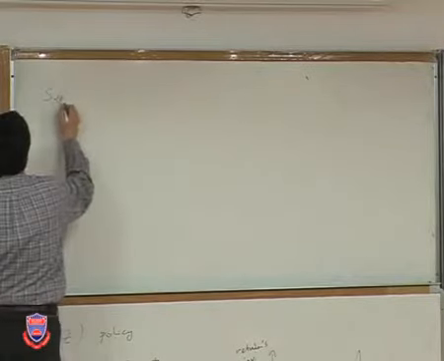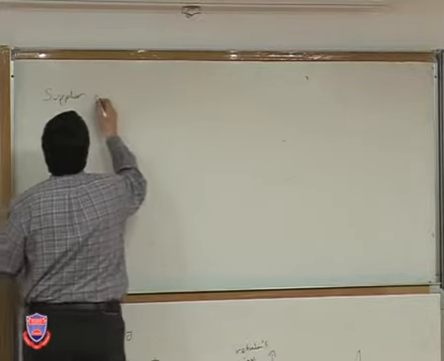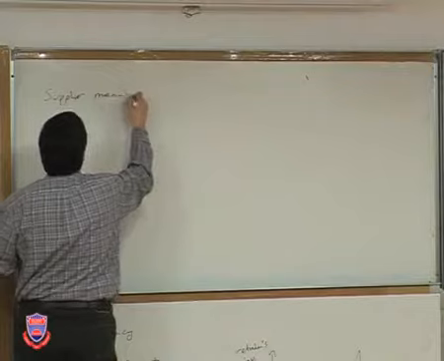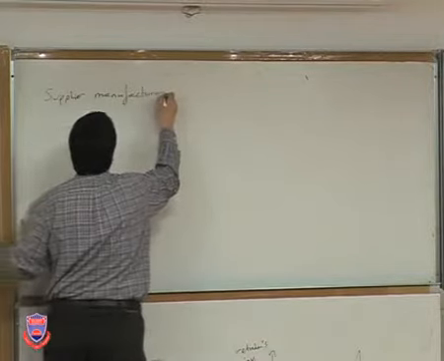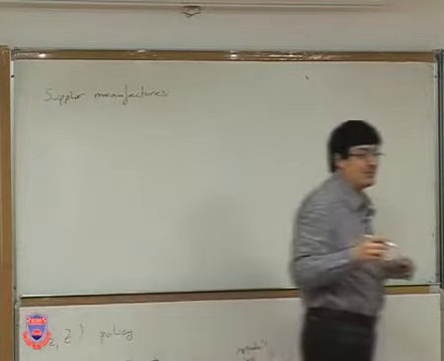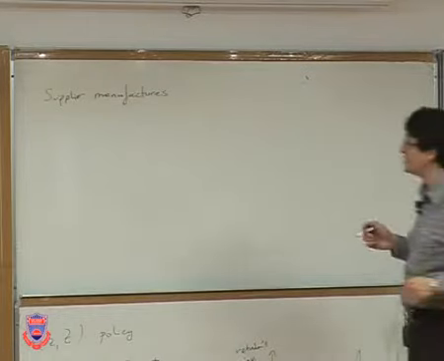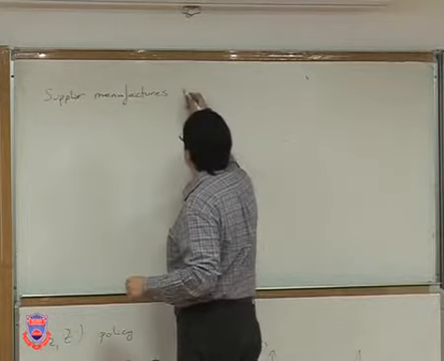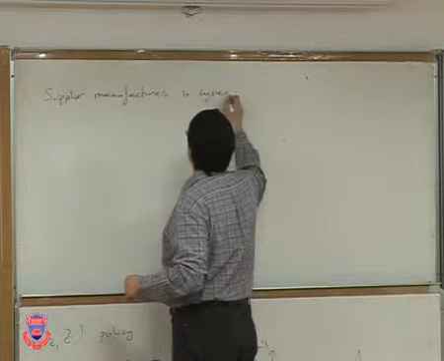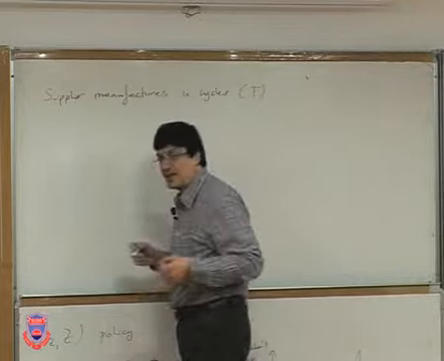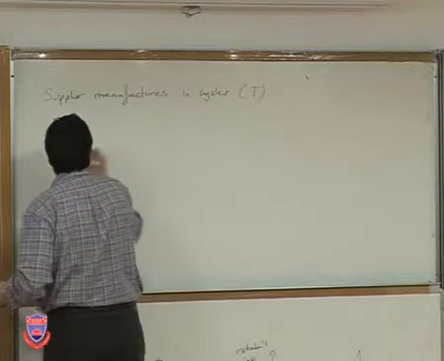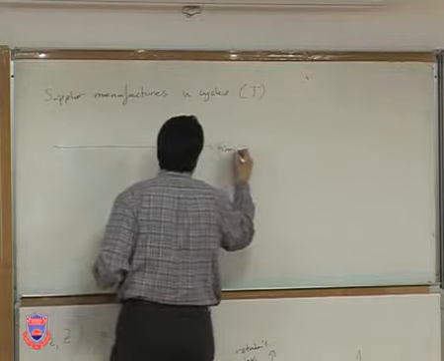Okay. Now, the supplier, of course, if you remember the EOQ, for example, or EPQ, economic production quantity, manufactures in cycles. And let's call that cycle T. So what's the meaning of this? This is the time horizon.